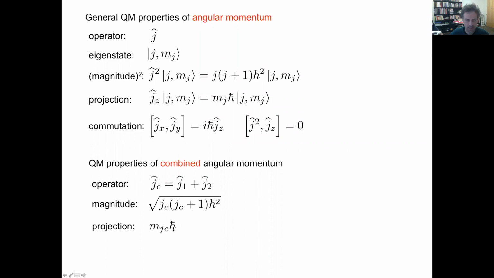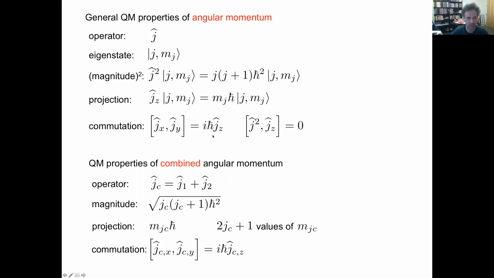So it works in exactly the same way as above. And there are 2 JC plus 1 values of this new value MJC. So it follows the same rules. The commutation relations are also the same. So for this new projection operator, for this new angular momentum operator, which is a sum of 2 sources, its projections, x and y, do not commute, as given by this relation here, which is the exact same relation as the one over here, right?